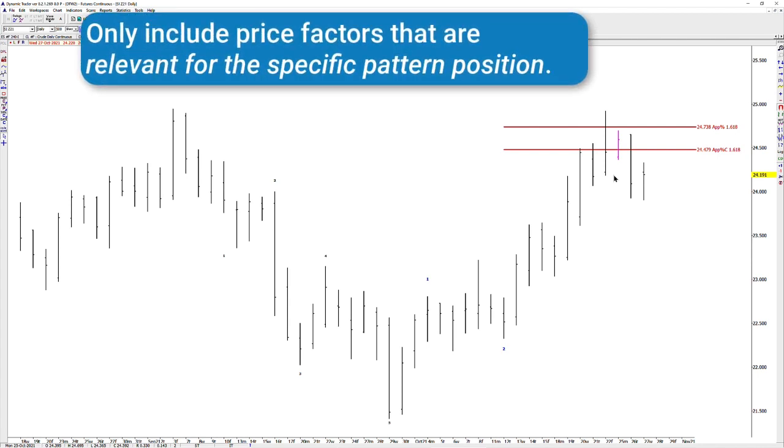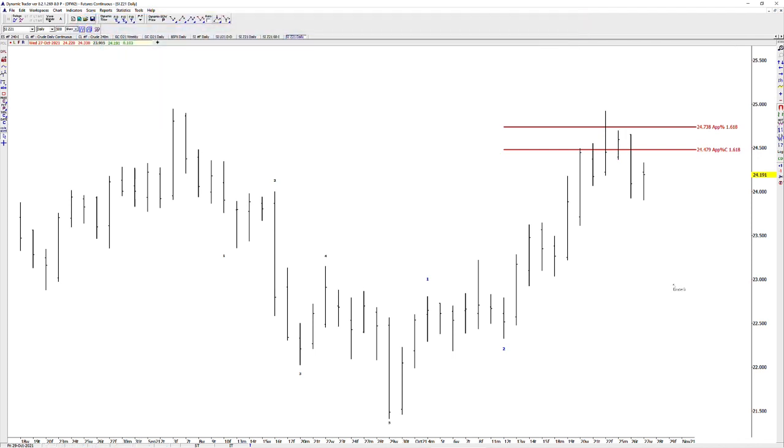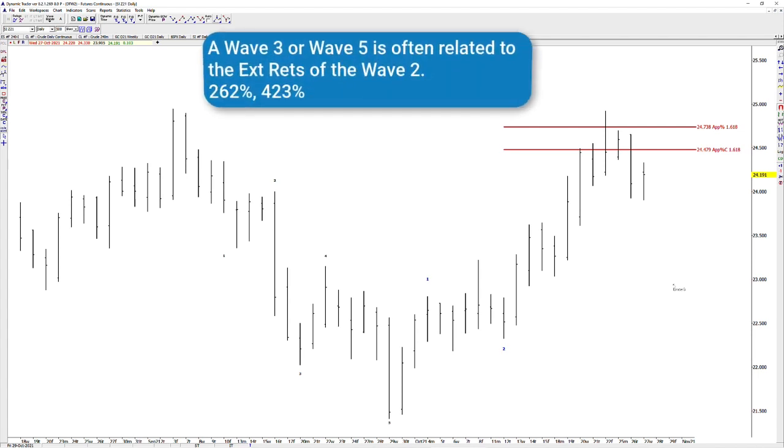And the first market position you decide on is: is the market in a trend or is it in a counter trend? The other price relationship that you can do for a wave 3 would be the external retracements of the wave 2. And particularly if you've read and studied any of Tony Plummer's work, which is all excellent, he shows you about, we might call them shock waves or the initial reaction to the initial correction.